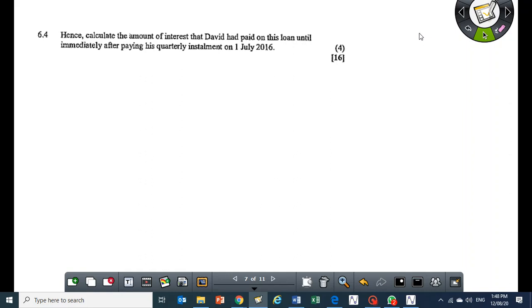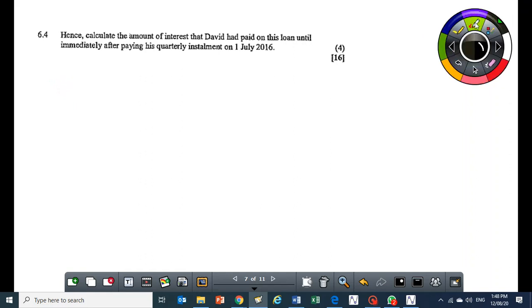But if we want to calculate the interest, there is a specific formula which you're supposed to use for a scenario like this. So that formula is this.